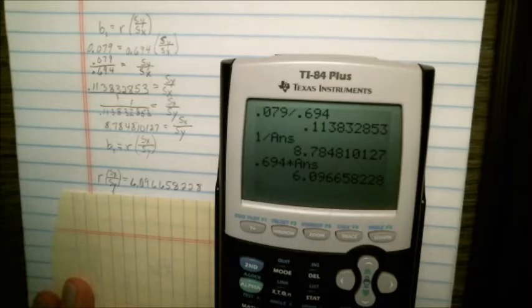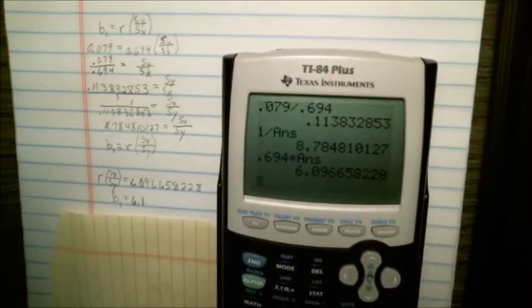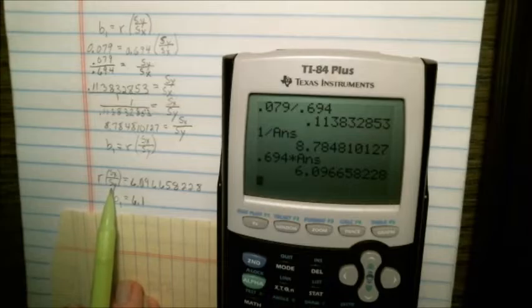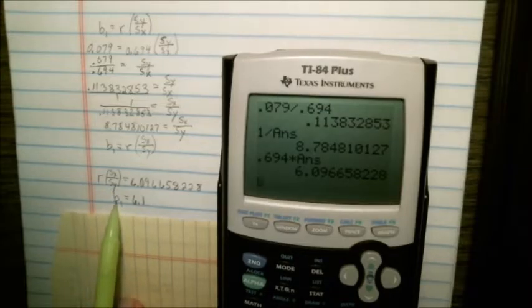We're really almost there at this point, because this, r times sx over sy, is the slope, b1, and I'm going to round it to 1 decimal place, 6.1.